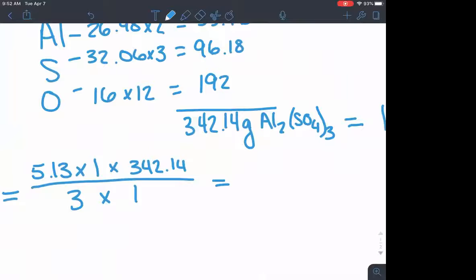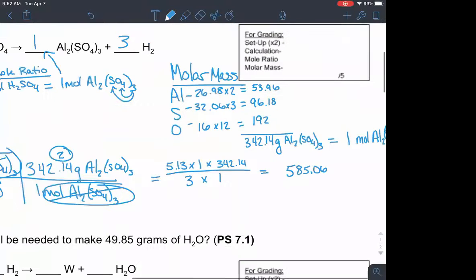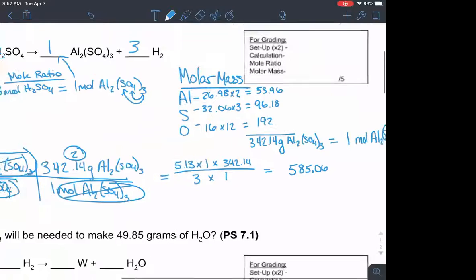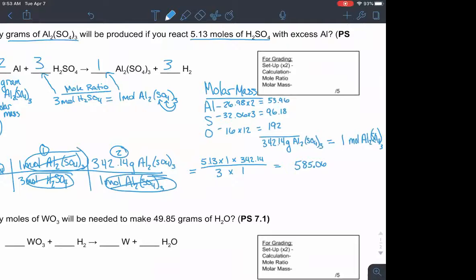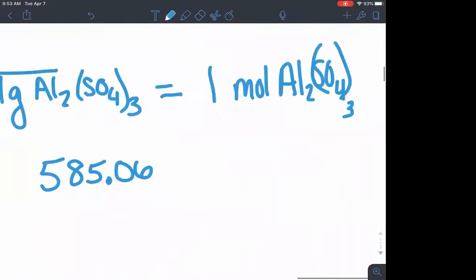When we do that math, we should get something around the answer of 585.06. And what are my units going to be for this one? Grams of Al2(SO4)3. Perfect.